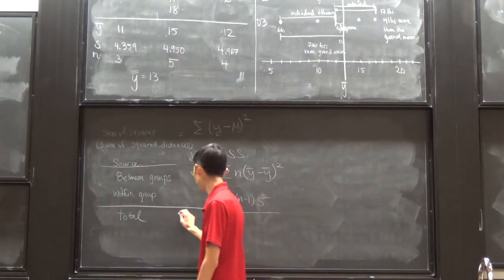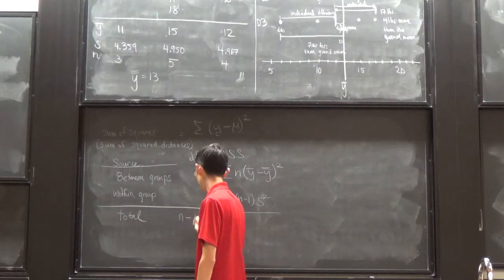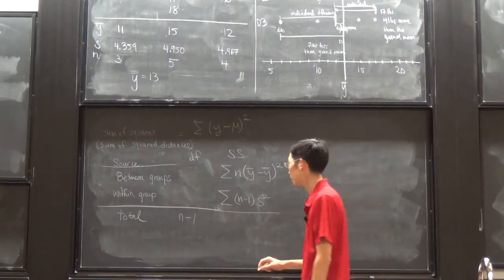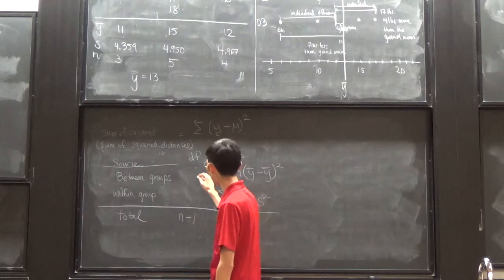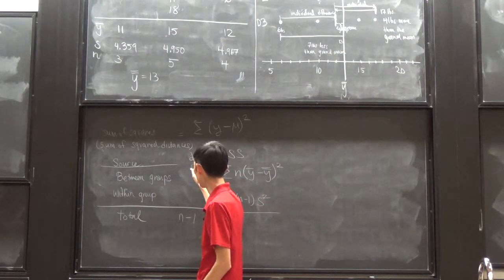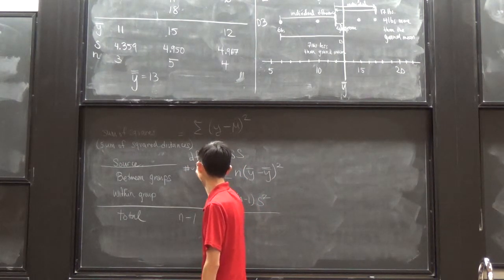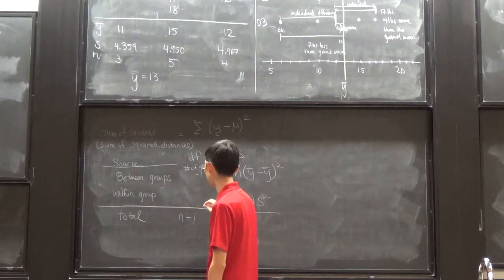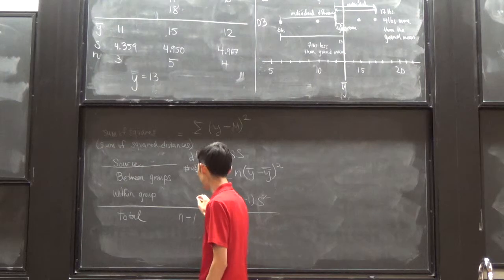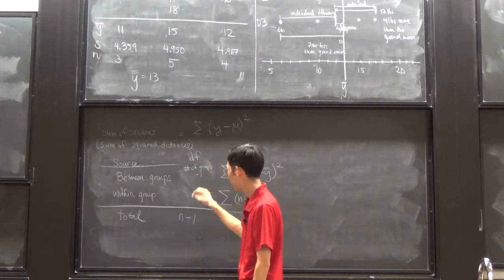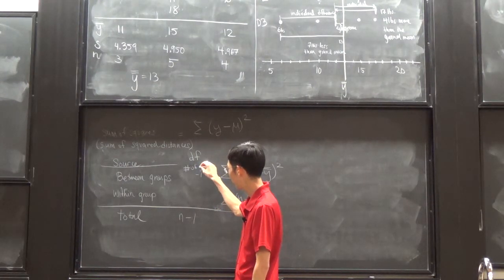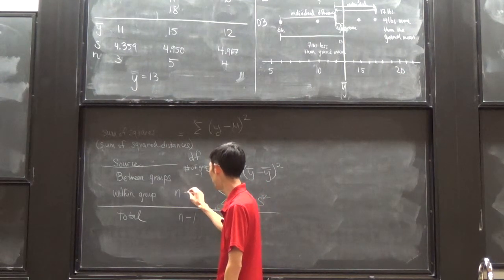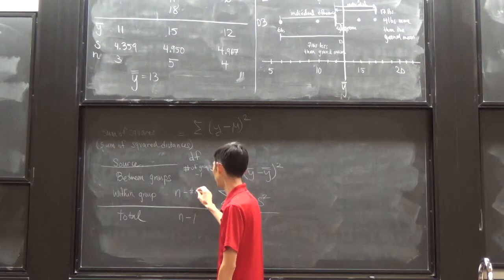The total degrees of freedom is the number of points minus 1. Degrees of freedom between the groups is the number of groups minus 1. And within the group's degrees of freedom, plus this has to add up to this. And so it ends up being number of points minus number of groups.